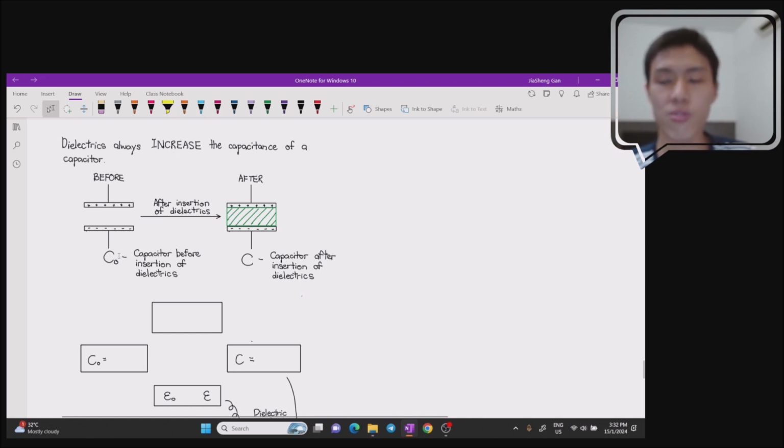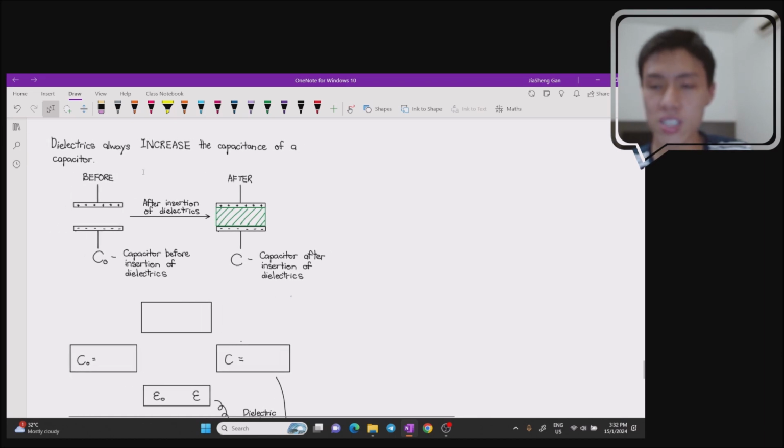So if we call the capacitance before insertion C0, where the naught represents before, and after insertion we call it C, we know that going from C0 to C is always an increase. Therefore we can say that C0 must always be less than C.